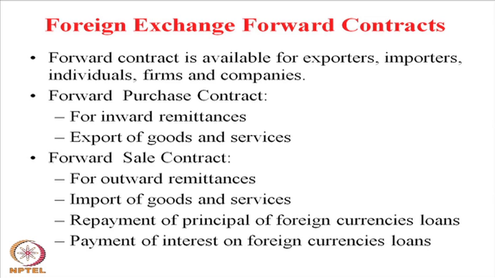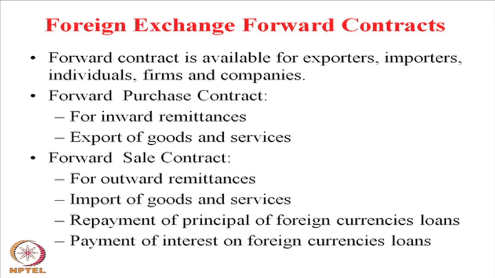So, suppose the importer wants foreign currency after 2 months in the form of US dollars. Now, the US dollar is appreciating. When the 2 months actually arrive, the US dollar might have appreciated significantly, which will affect the importer's balance sheet.